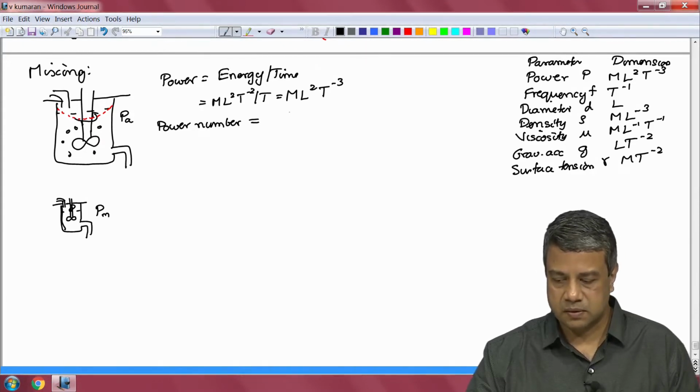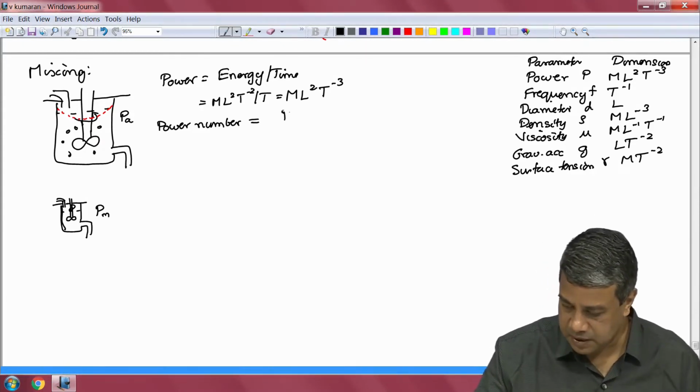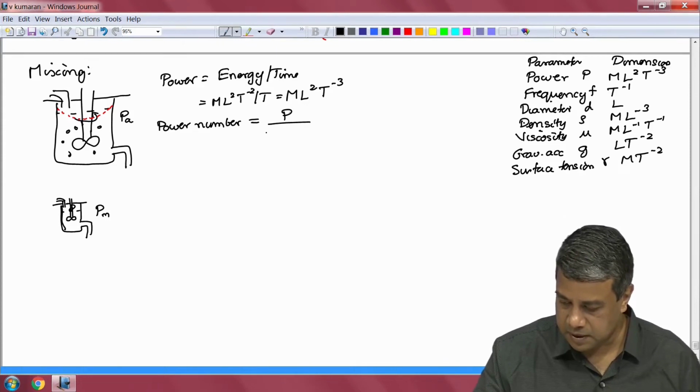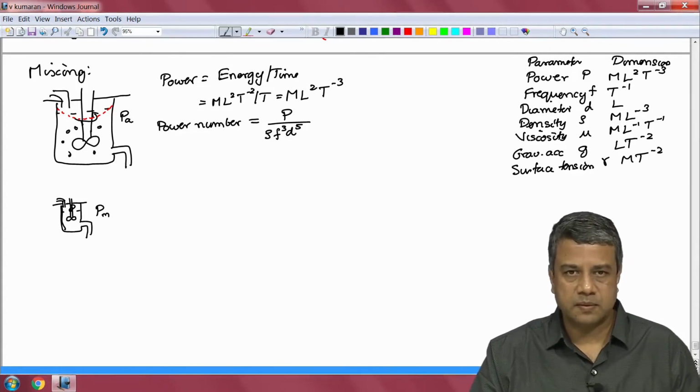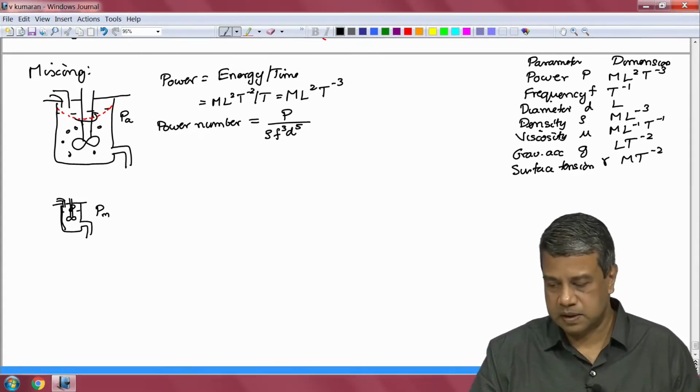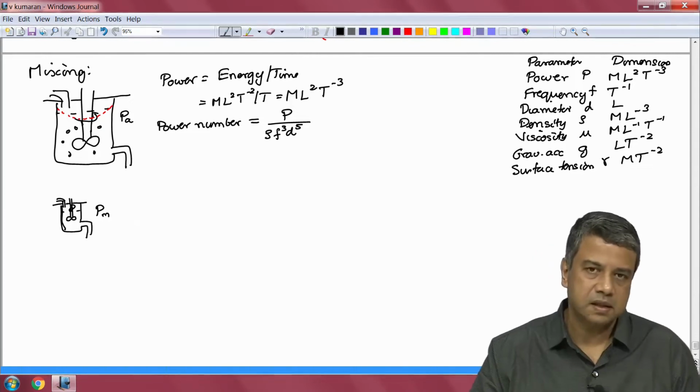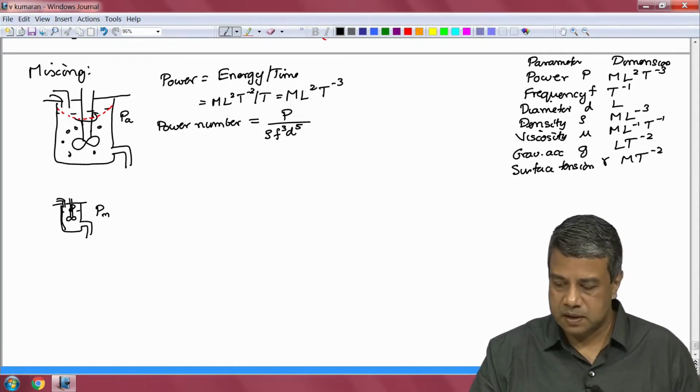I will just tell you what the answer is. You get power divided by density into the frequency cubed into the diameter to the power of 5. So, that is one dimensionless group, the power number. Power divided by the density, frequency cubed, d to the 5.